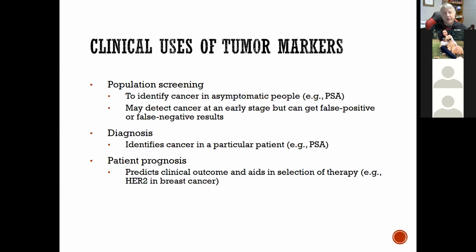With that screening, we may detect cancer at an early stage, but this is a concern. We can get a false positive or a false negative result. We want to make sure the test is pretty accurate in saying you do have a problem.